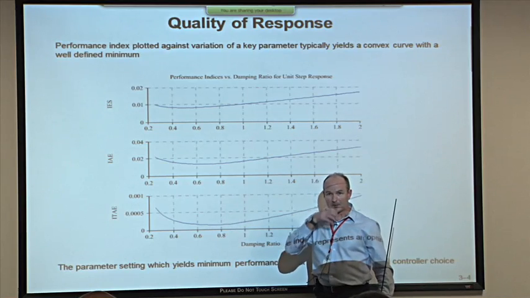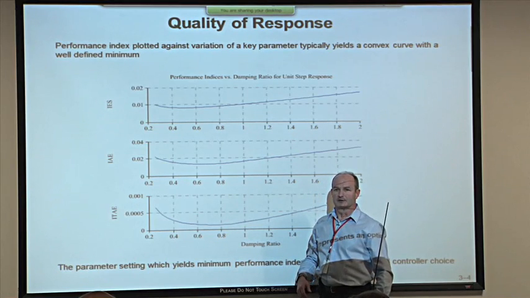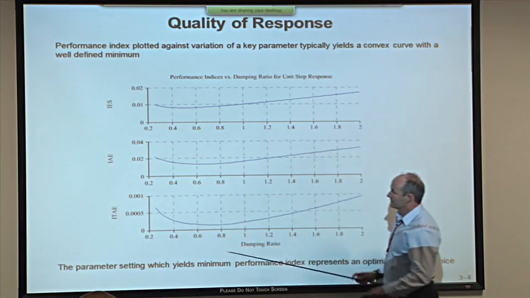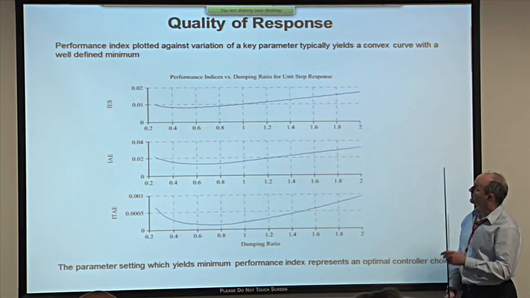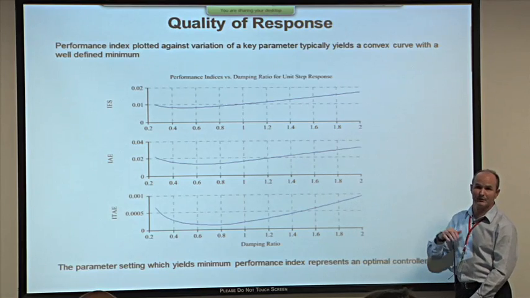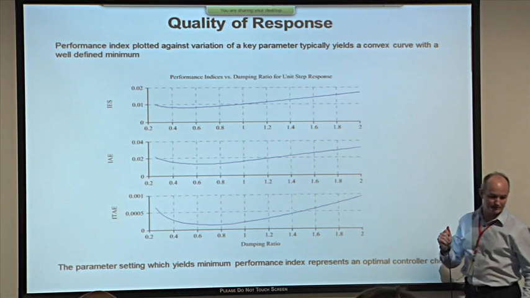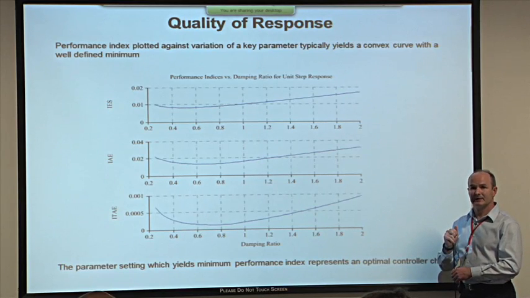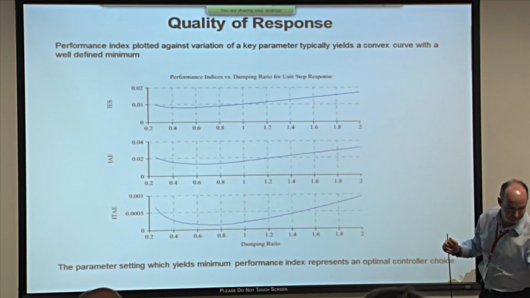And typically it's about 0.7 that's recognized as the best value for a second-order system, that 0.7 damping ratio, which is more or less what ITAE has picked out for us. But this is typical of what you get for more complex systems where perhaps not damping ratio, but possibly gain or something else is the tunable parameter.